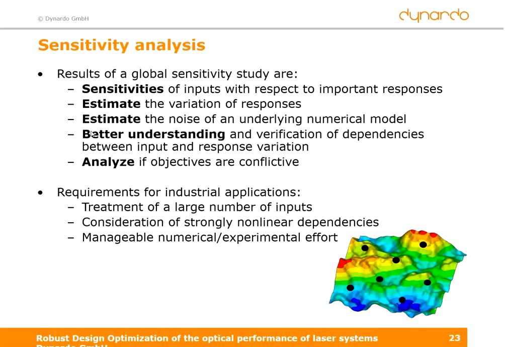Also, we can estimate the noise of the underlying model, and we will understand better and verify the dependencies between input and response variation. And of course, what is very important is to analyze if the objectives are in conflict. The requirements for industrial applications I have already mentioned before.